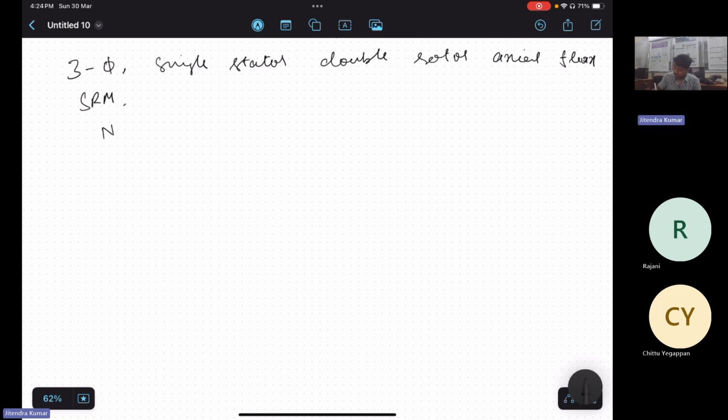Rated speed is given as 2000 RPM. Geometric parameters are mentioned: D1, D2, D3, D4, and beta R and beta S. First, beta R is equal to beta S, which is rotor pole arc is equal to stator pole arc, equal to 30 degrees.